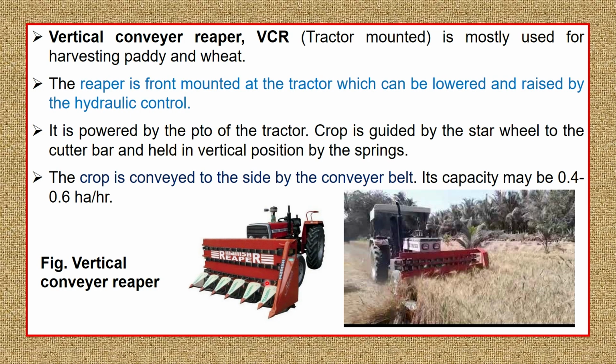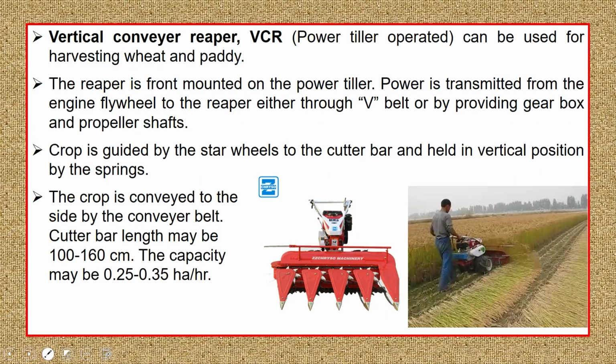They hold the cut crop in upright condition, and these are the belts with the pegs. They carry the upright held crop towards this one side, and that's how it will be discharged to one side, and they put it in the swath.